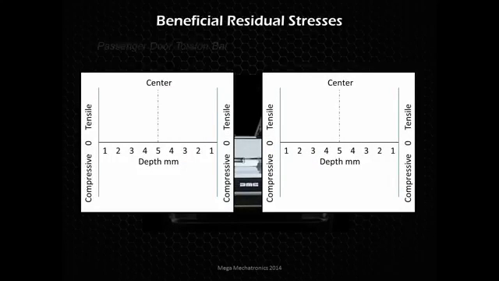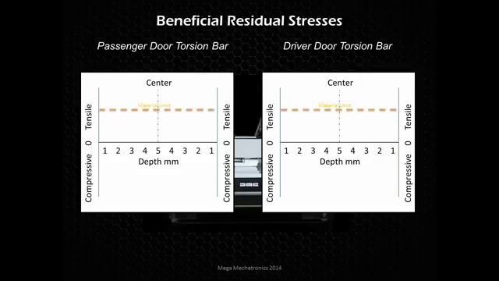So we have our passenger door torsion bar, and we have our driver door torsion bar. And let's say the dashed orange line is the material limit. Whatever material they're using, that's the yield strength, for example, before the torsion bar starts permanently getting deformed and failing.